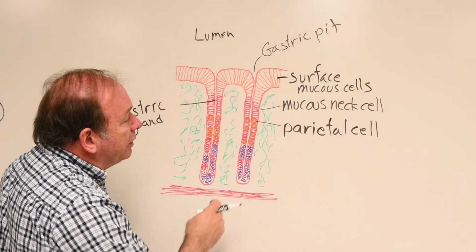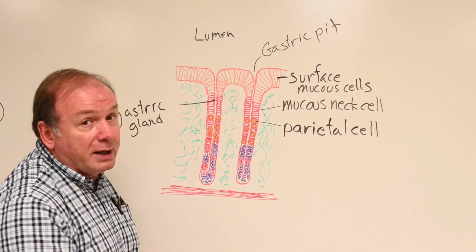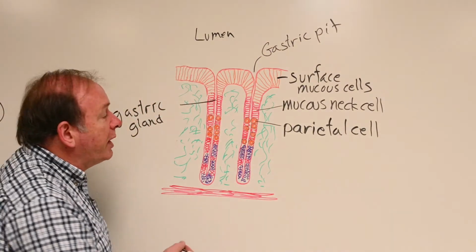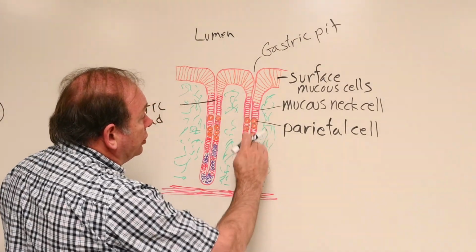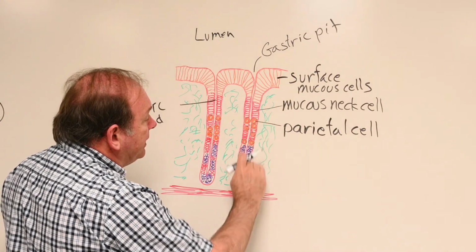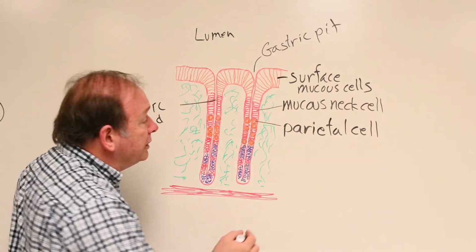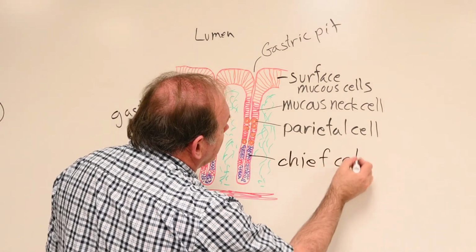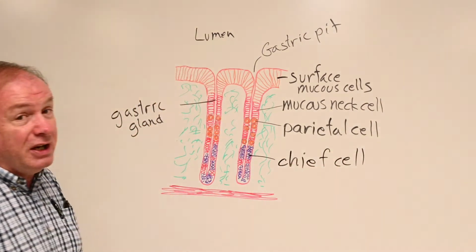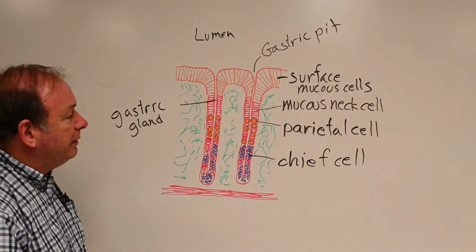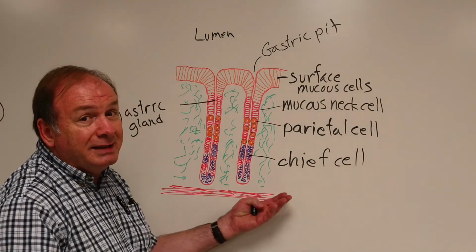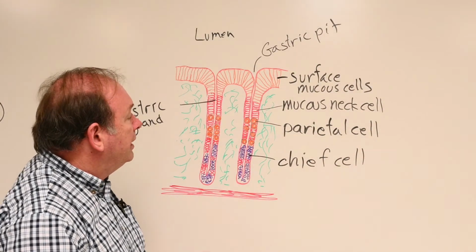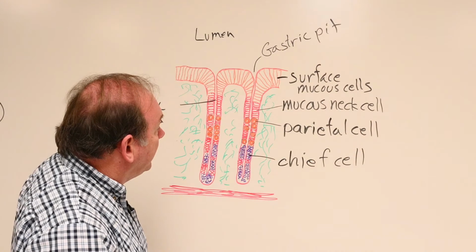Those parietal cells produce hydrochloric acid, HCl. Your gastric acid comes from the parietal cells. They are usually in that mid-reach of the gland, and then down at the very bottom of the gland we get another cell type, the chief cell. Chief cells produce digestive enzymes in an inactive form that we'll talk about in a minute.